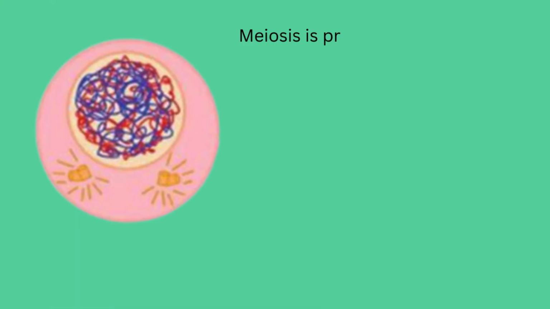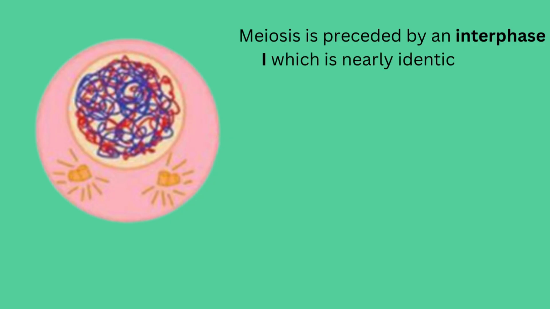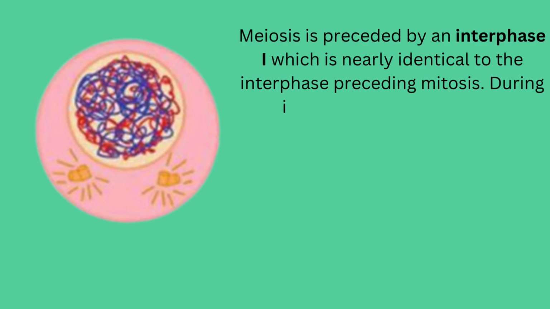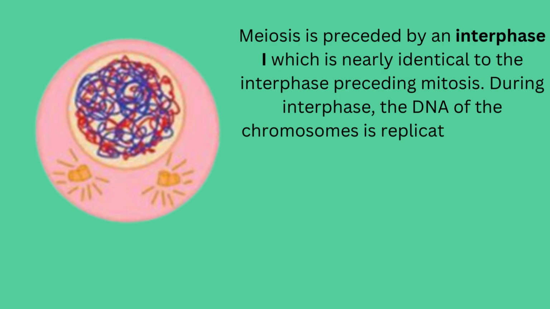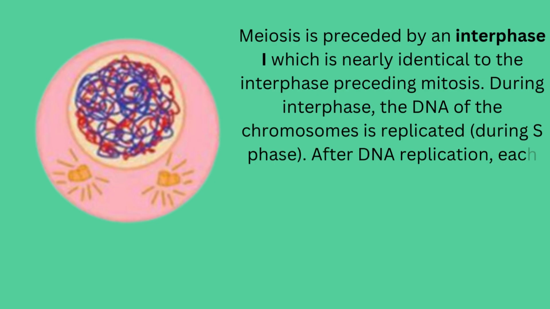Just like mitosis, meiosis also consists of a preparatory phase called interphase. At the beginning of the first meiotic division, the nucleus of dividing cells starts to increase in size by absorbing water from the cytoplasm, and the nuclear volume increases about 3 fold. Meiosis is preceded by an interphase 1, which is nearly identical to the interphase preceding mitosis.